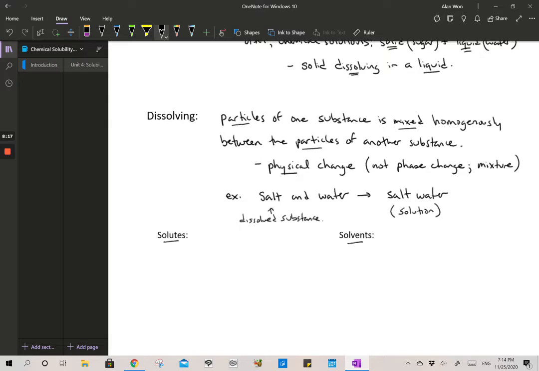Some of you may have heard of solvents before, and some of you may have heard of solutes. But most people recognize that solvents are the liquid portion, and people often think that solutes are always the solids. That's not entirely true, but for now, we'll go with that idea.